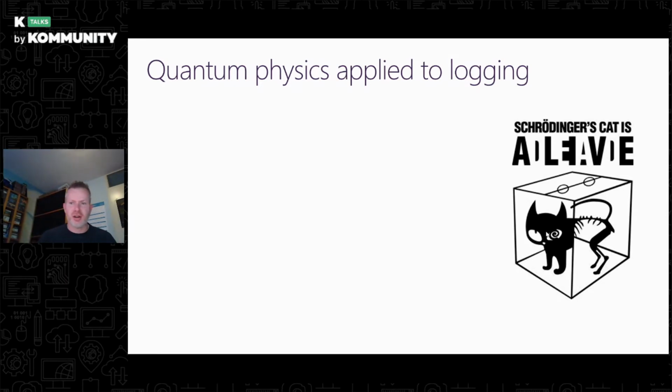There's poison there. It might have been released, it might not have been released. So the cat is both alive and dead. So it's half dead, half alive. It's only when you observe that it's either one. If you open the box, then you will notice the cat is alive or he ate the poison and he's dead. And I thought it was a nice metaphor for the logging system, that there's a duality.